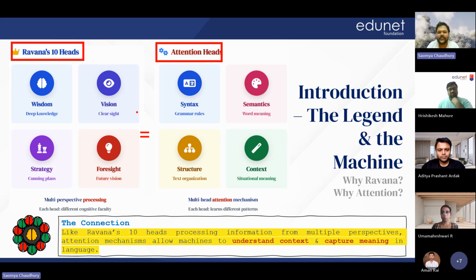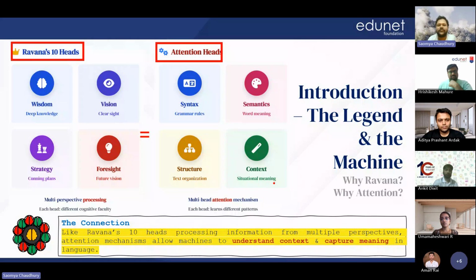Similarly, in the same way, you talk about different perspectives. Maybe you are attending to syntax, when I say attending to, we'll talk about that. You're attending to semantics, maybe structure or text organization, or the context of the word, the situation it depends on. I think a little bit of the fragment is clear to you: the word 'bank' being used in different contexts.